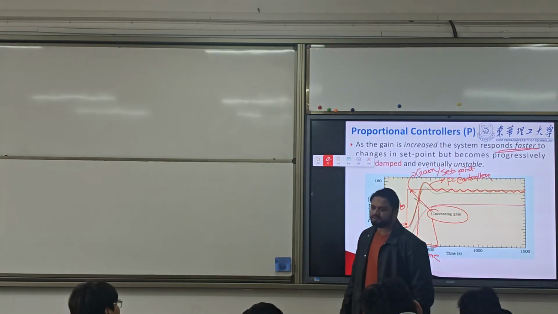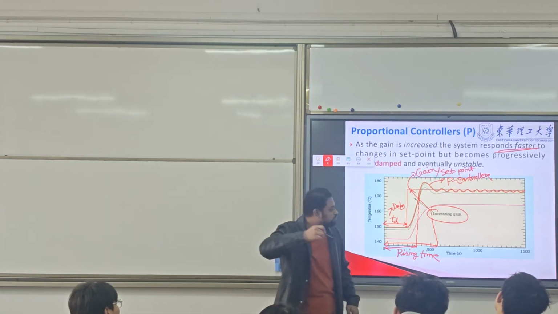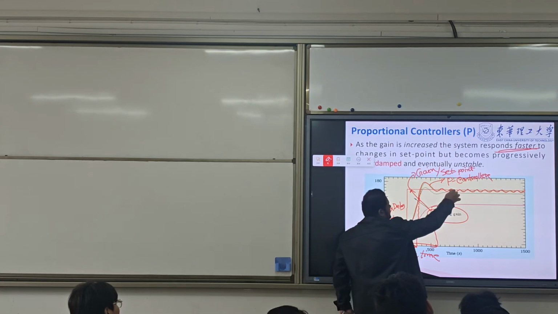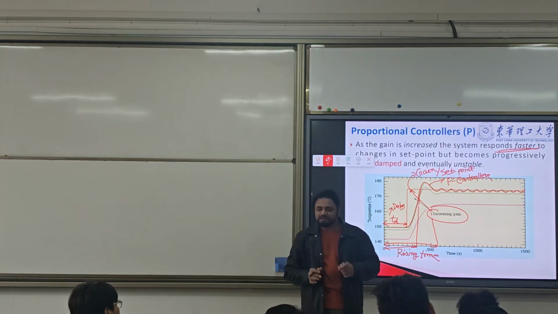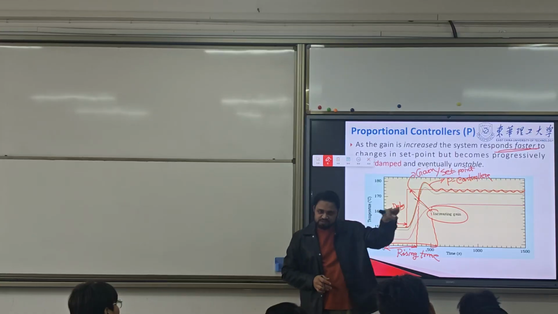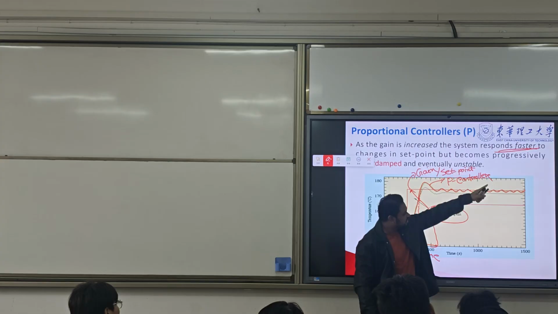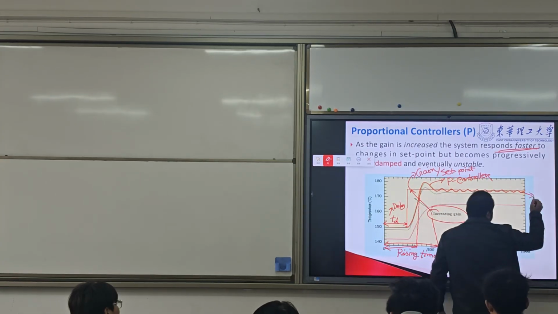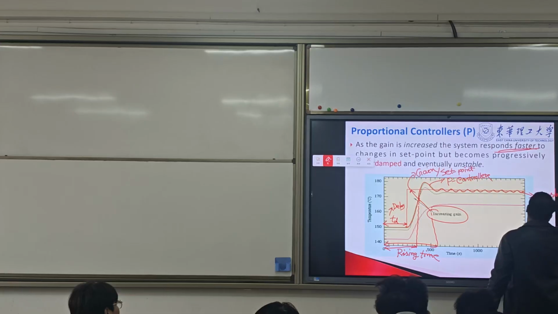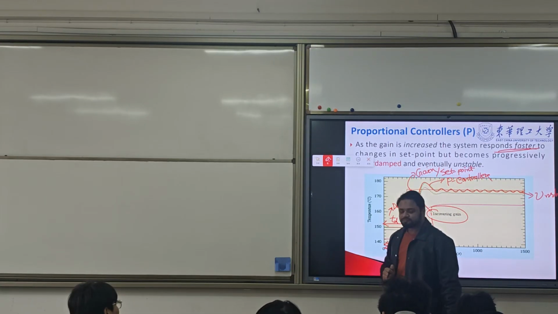But there is a problem. While it responds fast, it oscillates. Look, it starts to oscillate. Our system needs to be stable, fixed. But here it is oscillating. That means it is unstable.